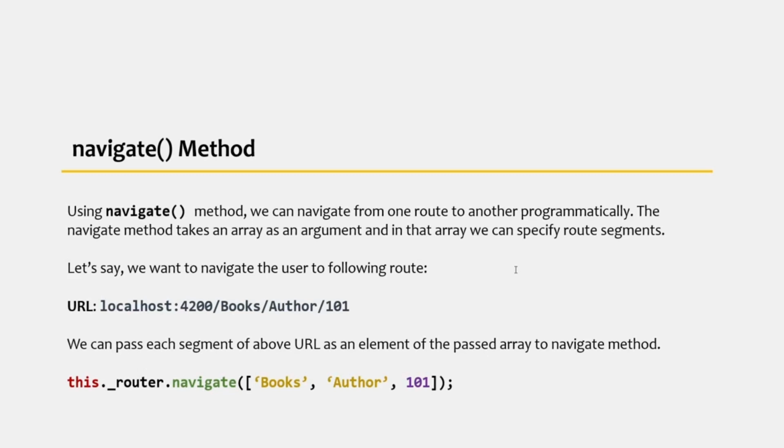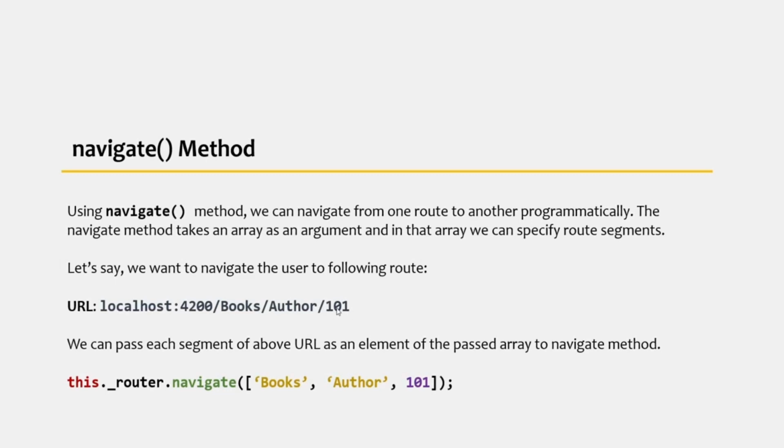The navigate method takes an array as an argument, and in that array, we can specify route segments. For example, let's say using the navigate method, we want to navigate the user to this URL. In this URL, first we have localhost:4200, which is the root URL. And then we have three segments: books, author, and 101. So in this case, the path will be /books/author/101.